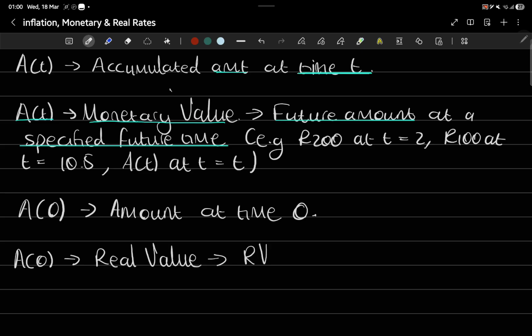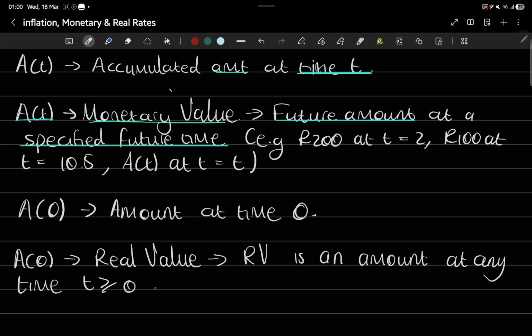Because a real value is an amount at any time t which is greater than or equal to 0, in terms of time 0 money.